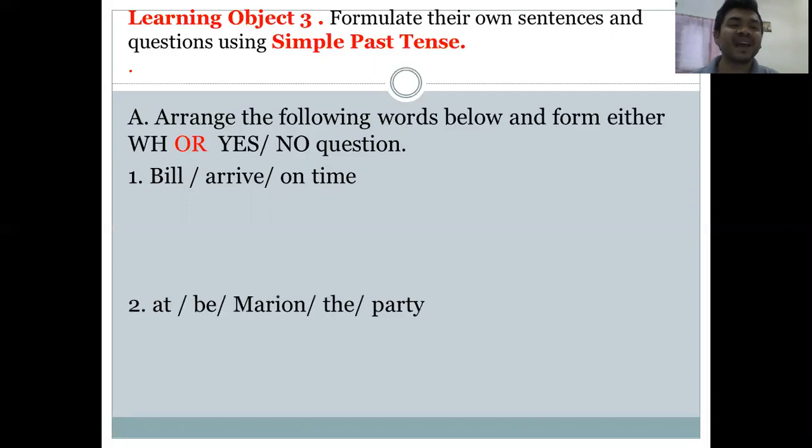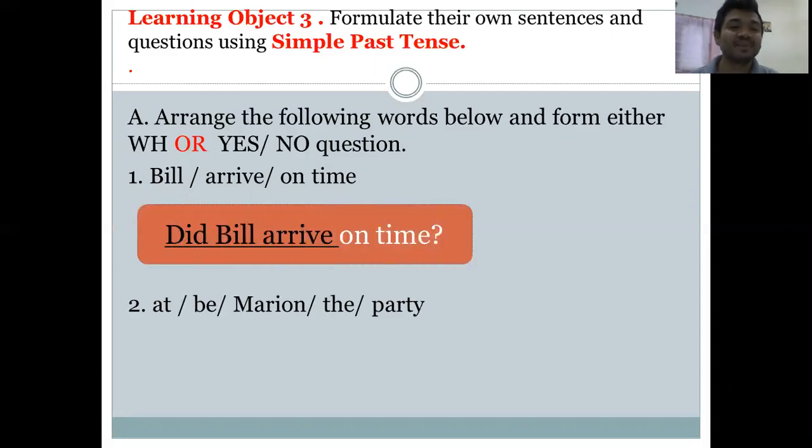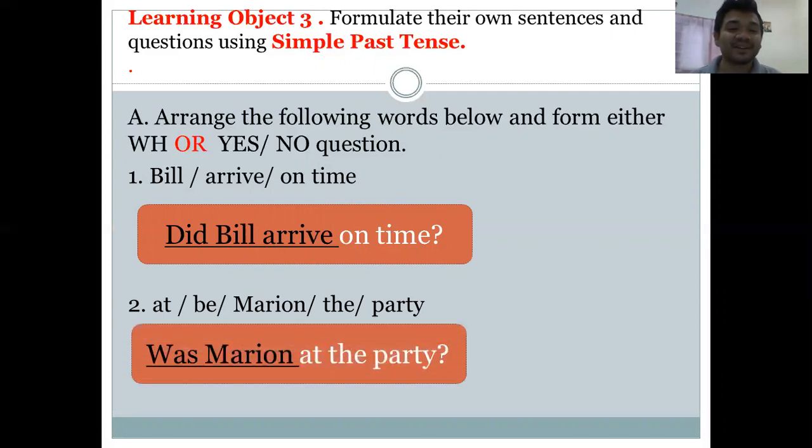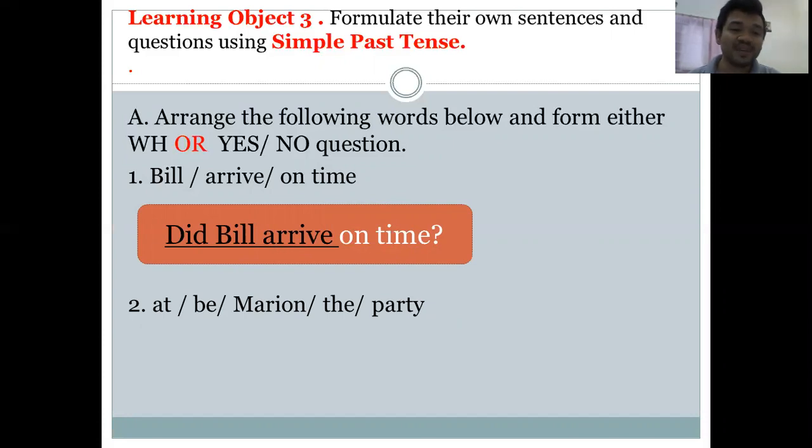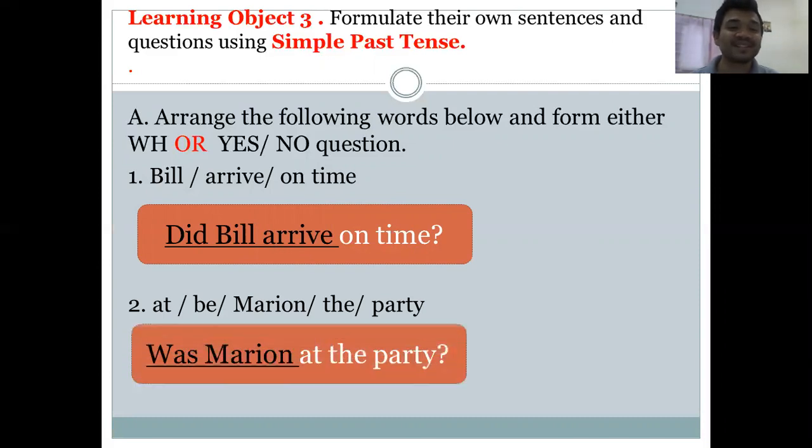Great job. You will say, did Bill arrive on time? Okay, and B, Marion, the party. You will say, 5 seconds, please. Fantastic. You will say, was Marion at the party?